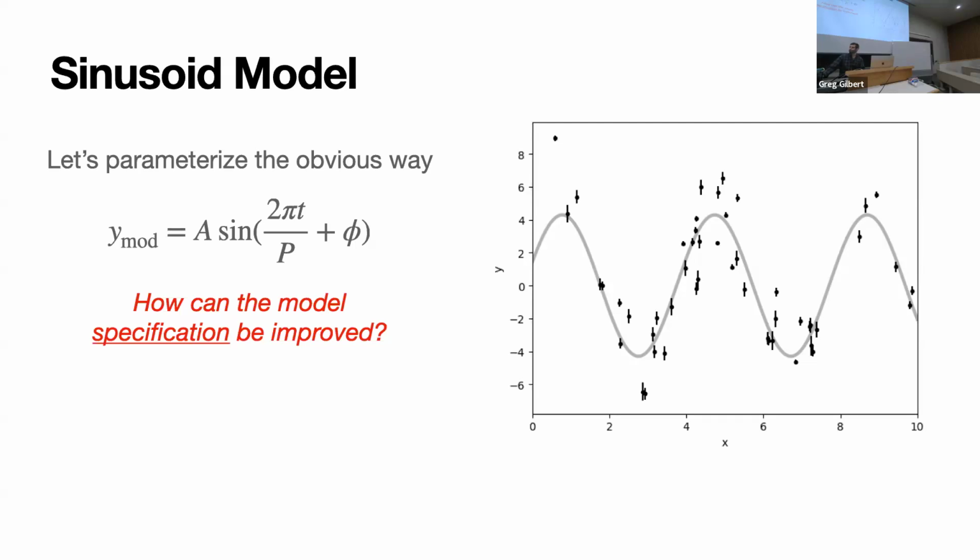I think that's equivalent to what I had in mind, which is instead of having the phase in here, you split it up into A sine of the argument plus B cosine of the argument. And what that does is that takes one of the variables outside of the sine function, right? The closer you can be to a linearized function, generally the easier things are going to be to fit.